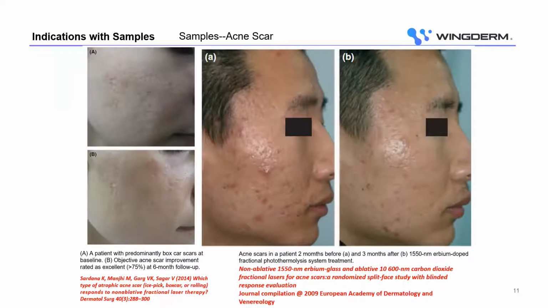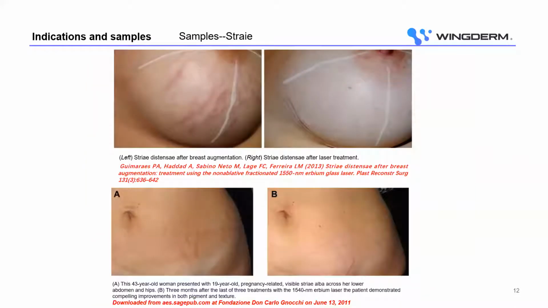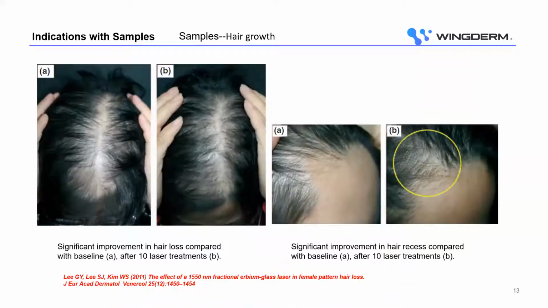The result here is after 3 to 6 months treatment by the 1550 fractional laser. This one is for the striae treatment, which is 3 to 6 months treatment by the 1550 fractional laser. And this one is for the hair growth. You can see the results very obviously after the 10 treatments.